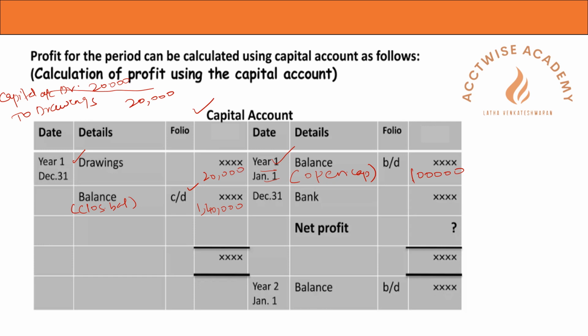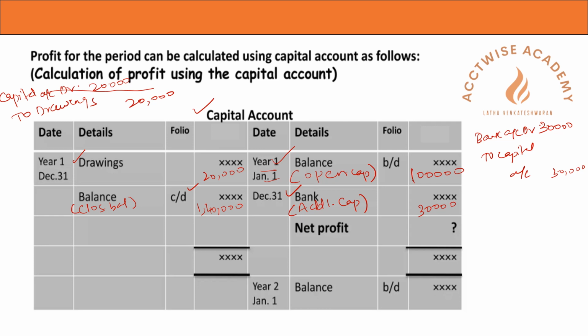Then some additional capital was introduced. What is the entry for additional capital? Bank account debit to capital account. It was how much? 30,000. So here by bank, this is our additional capital and the amount is 30,000.